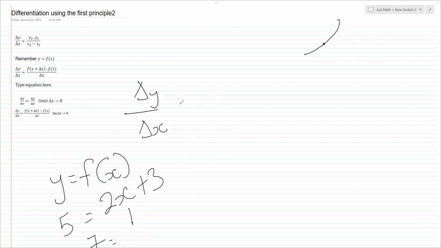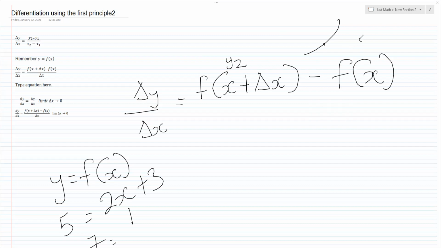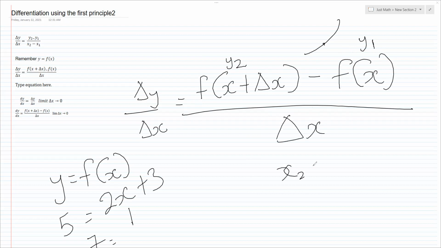So we have delta y over delta x will be f of x plus delta x. This is y2, minus f of x, which is actually y1 or y, over delta x, which is x2 minus x1, or some people will write it as x plus delta x minus x.